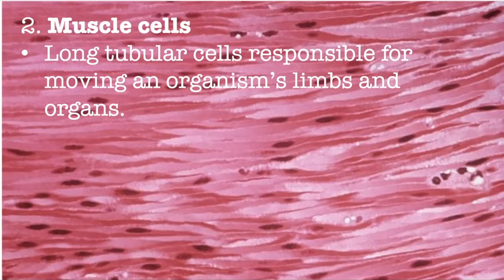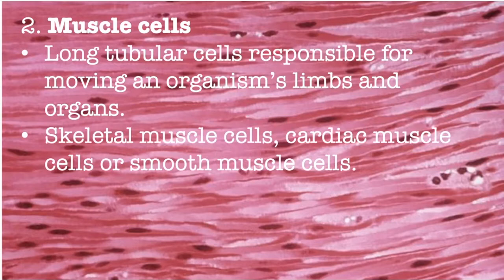As you can see on the background of the slide, that is the microscopic view of a muscle cell, long tubular cells responsible for moving an organism's limb and organs. Muscle cells can be either skeletal muscles, cardiac muscles, or smooth muscles.